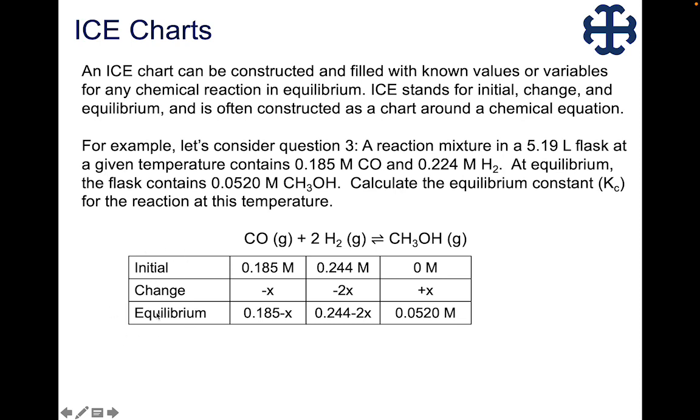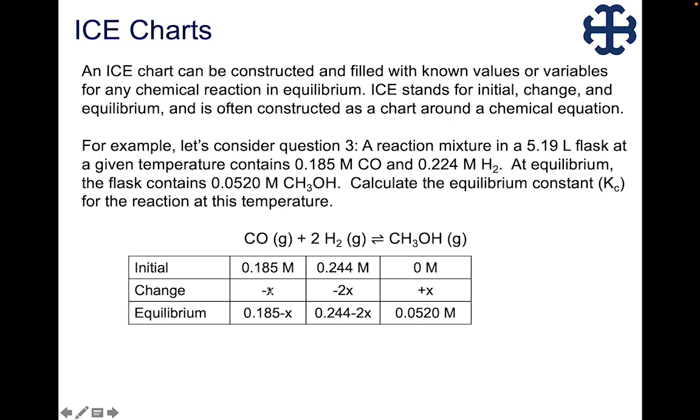Again, initial, change, equilibrium, where we plug in our initial values here. These are numbers that are given to us as a part of the question. Again, because we're not told anything about the initial concentration of our product, we can assume that we start with a concentration of 0 there.